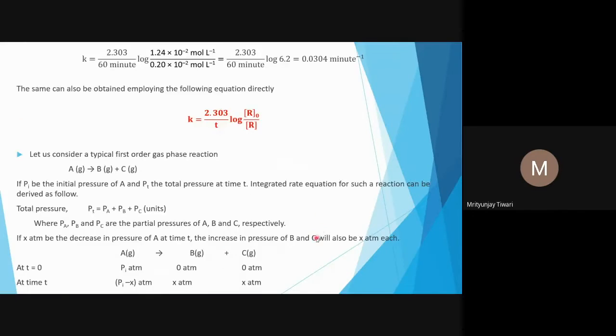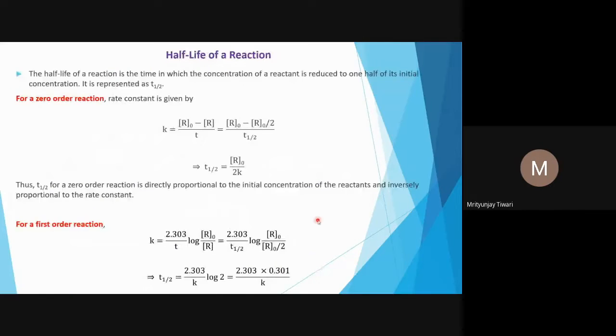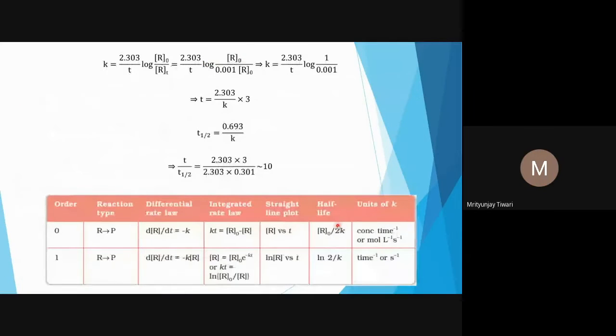So, the straight line plot in the zeroth order reaction is obtained when the graph is plotted between concentration of reactant and time, while in the first order reaction we obtain the straight line when the log of [R], where [R] is the concentration of the reactant, is plotted against the time.